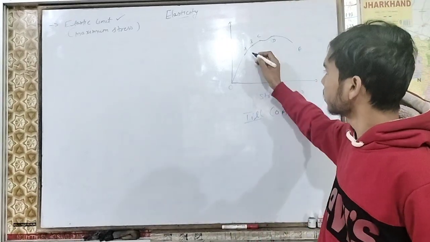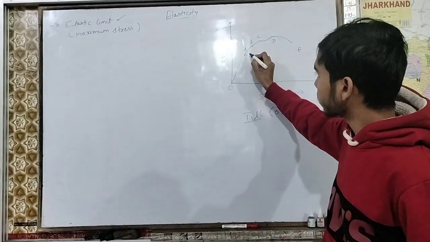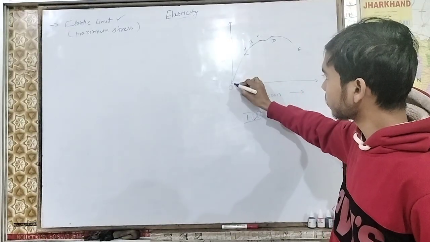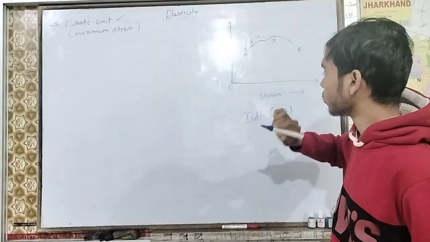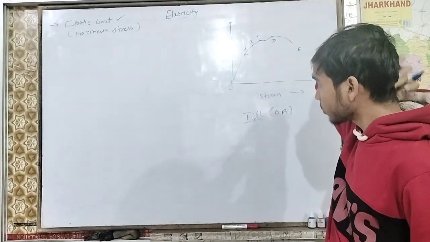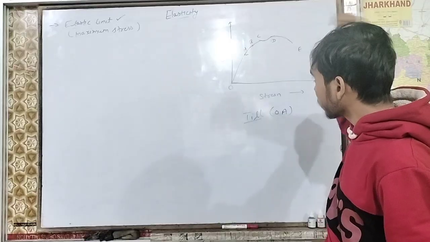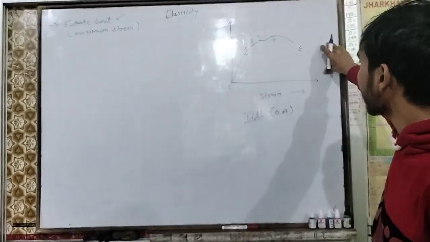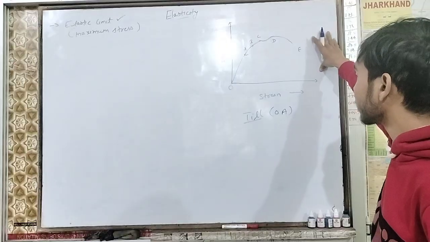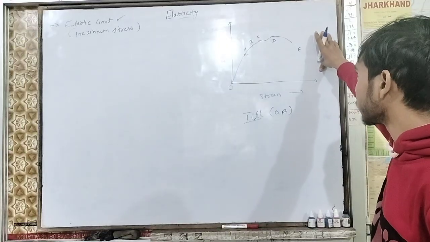Over here, if you remove the deforming force, this will come to 0. But when it goes over here, what is happening? Still it is increasing. Stress is increasing, strain is also increasing.